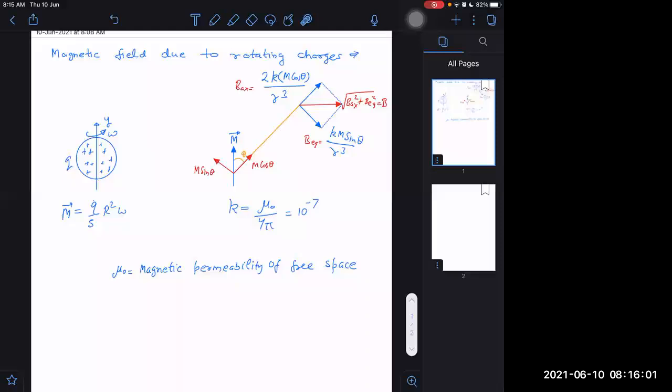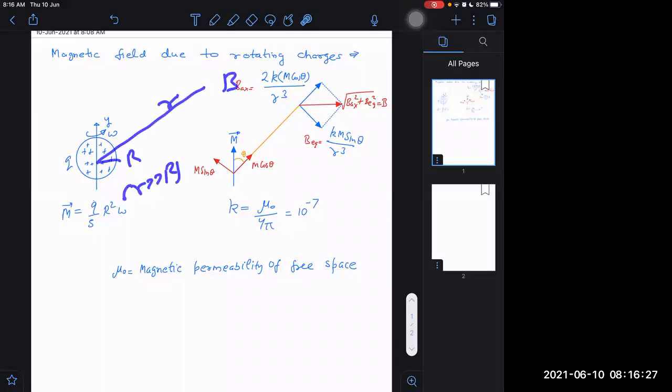If it is a charged sphere and I start finding the field at a very close point, then this will not be the right expression. This expression is right if we are finding the field at a large distance. R should be large as compared to the radius of the sphere.